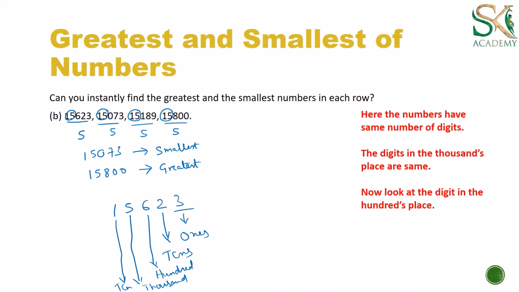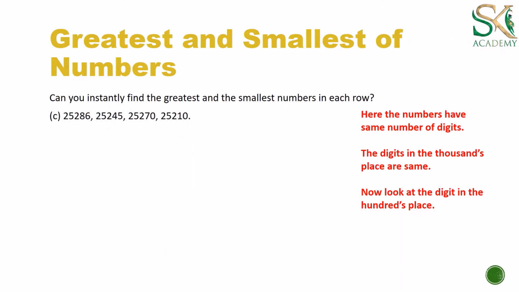Now let us go to the next question. Let us look at these numbers. The first three digits of each number are 252, 252, and 252.